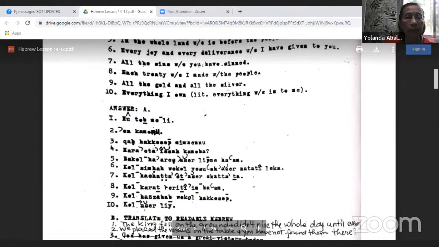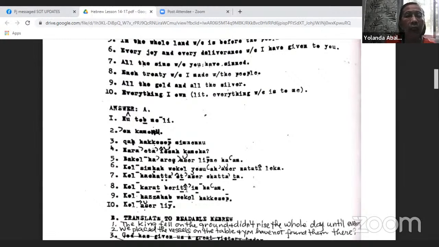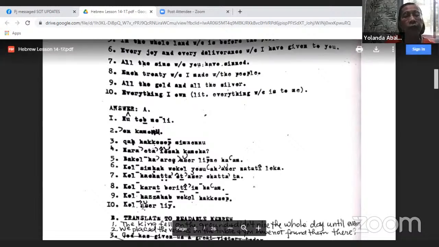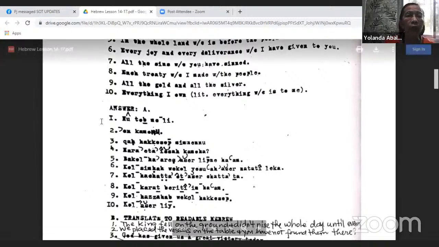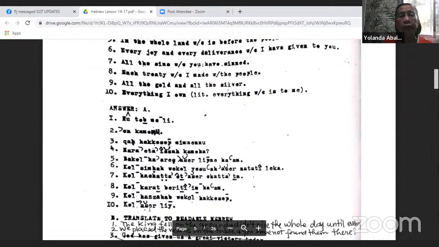Kol karat bereti im ha'am. Number 9, all the gold and all the silver. Kol hazahab vekol hakesef. Everything I own, literally everything that I have, which belongs to me. Ano ang ipag-translate niyan sa Hebrew? Kol asher li.